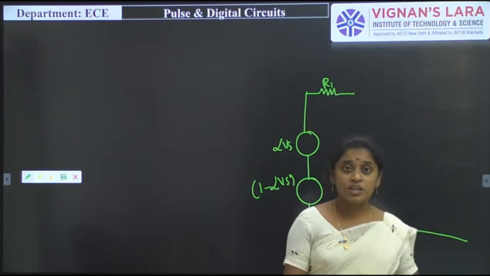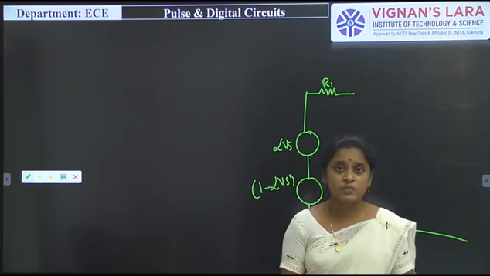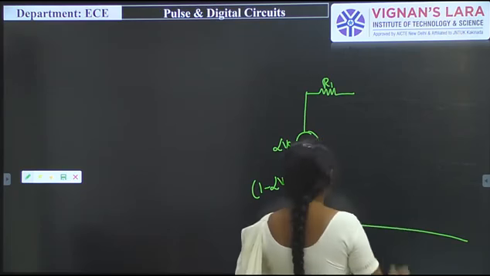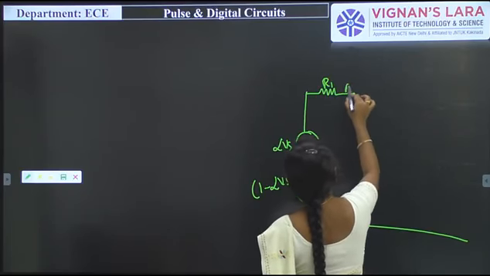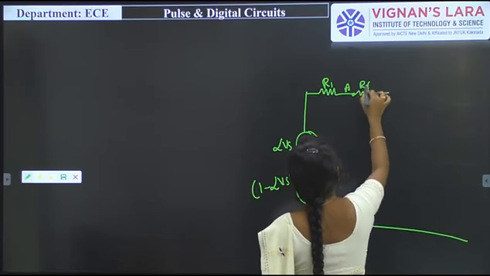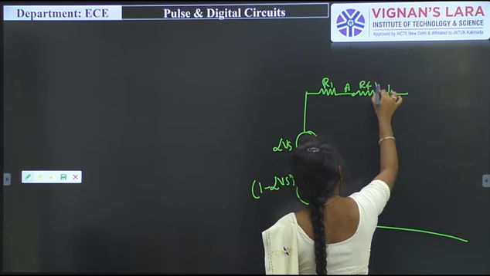Whenever the diode is on, it can be replaced with V gamma and the forward resistance RF. So that's why I am replacing it this way, this terminal is A, and RF, and this one is V gamma.